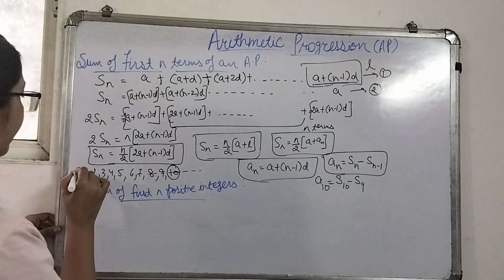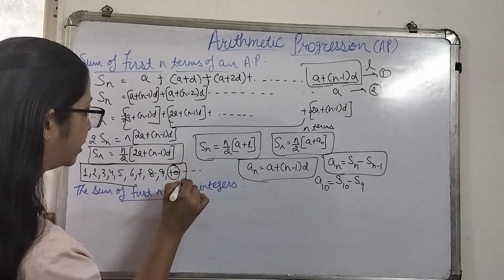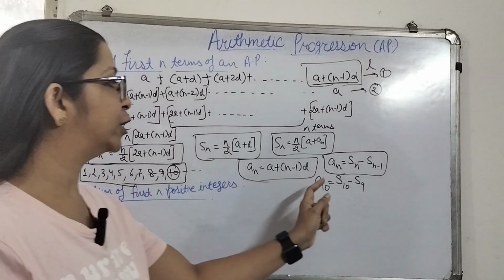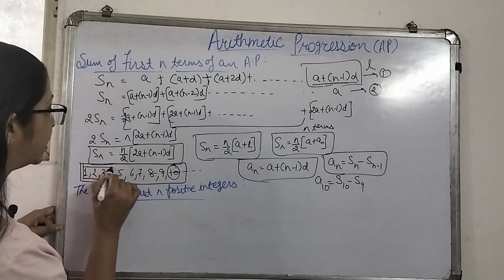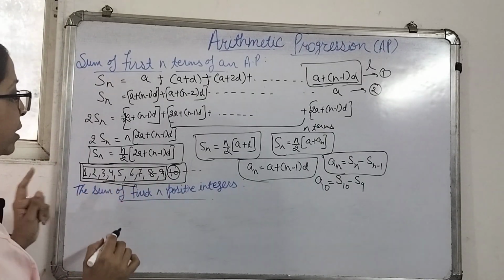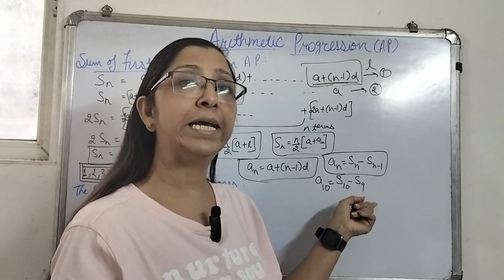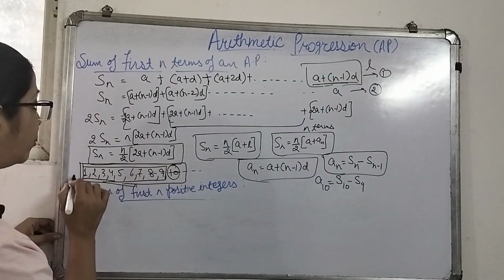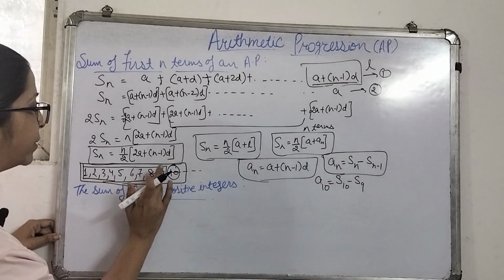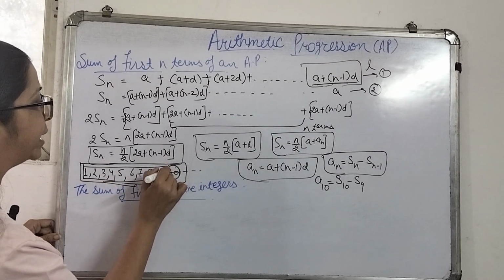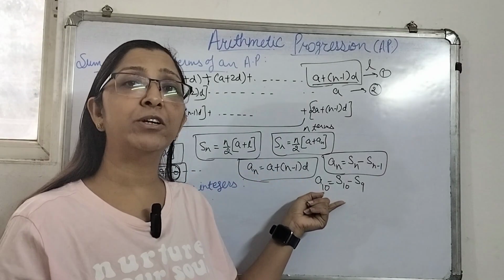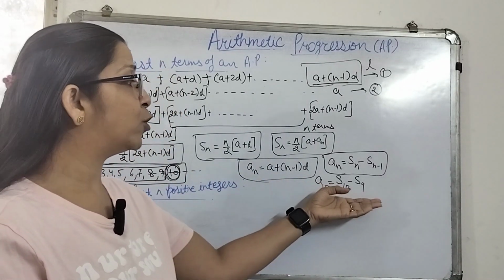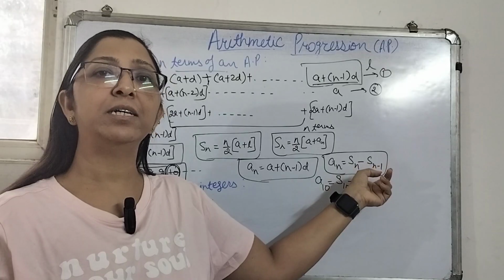So if we add all these 10 terms, it will give us the value of S10. And if we add the first 9 terms, it will give us the value of S9. And if from S10 we subtract S9, we will get A10, meaning the 10th term. So by this formula we can even find the nth term.